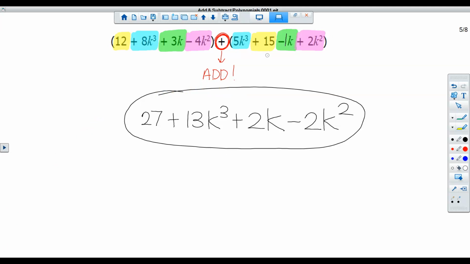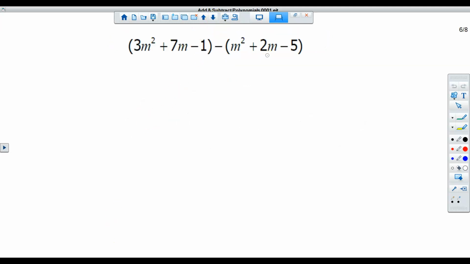So notice that plus sign in the middle of the problem is really important because it is telling you when you find like terms, add them. Add those like terms together. Now, moving on to this problem, you'll notice this time it looks pretty much the same. We have polynomial number 1 right here, polynomial number 2 right here, but this time the thing you'll notice is different is in the middle there is a subtraction sign.